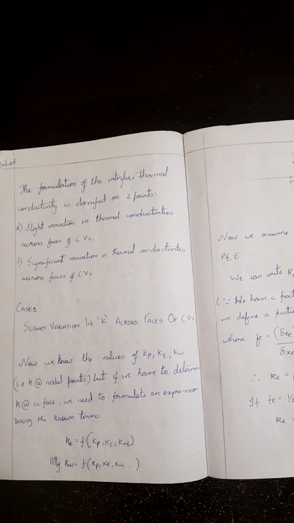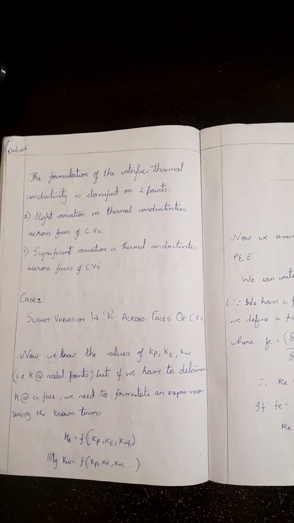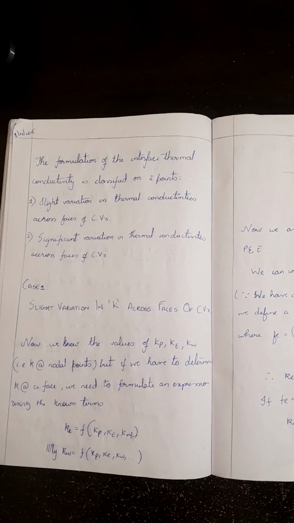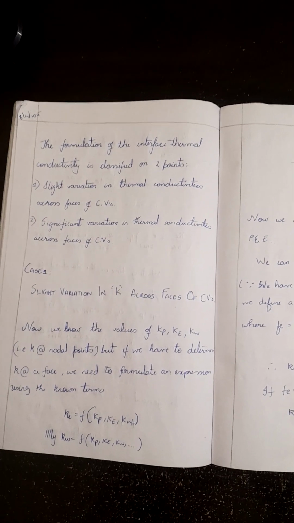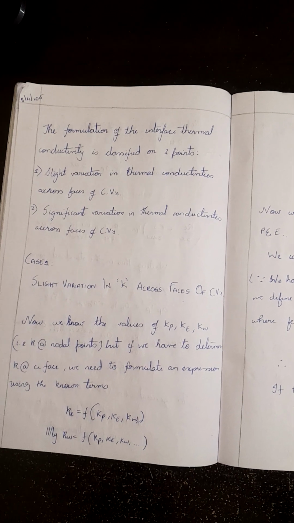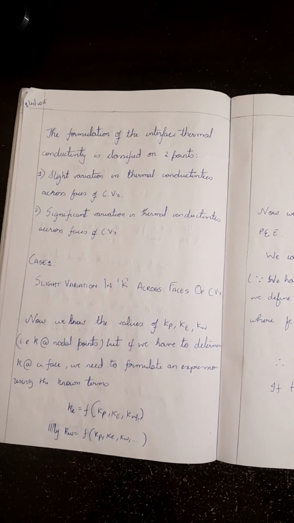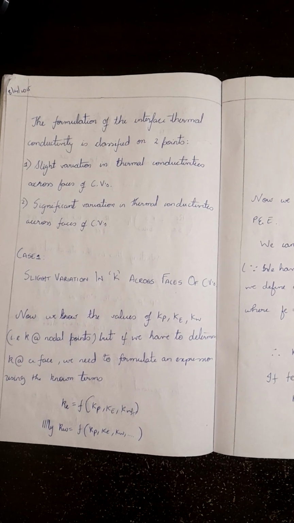So before formulating the equations, we go on two observations or two assumptions, wherein we check if the thermal conductivity difference is slight based on the grid points, or significantly different.